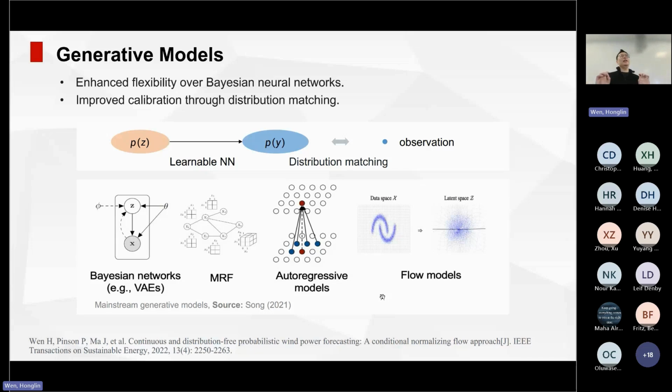That is exactly what generative models do. You have a prior distribution, then you learn a map, maybe a flow or something, to the final solution or observation distribution. So what we have to do is distribution matching. Let's say P_Y is the predicted distribution of the neural network.